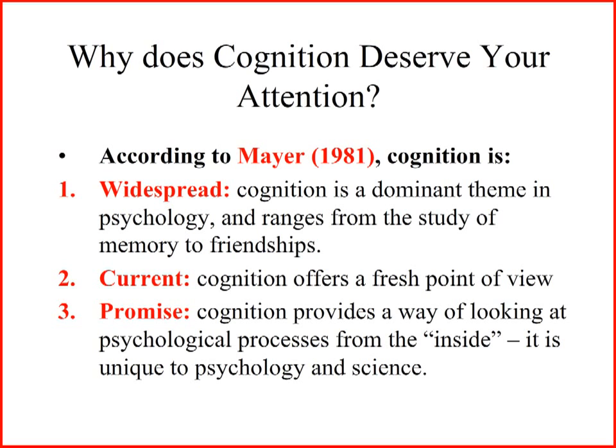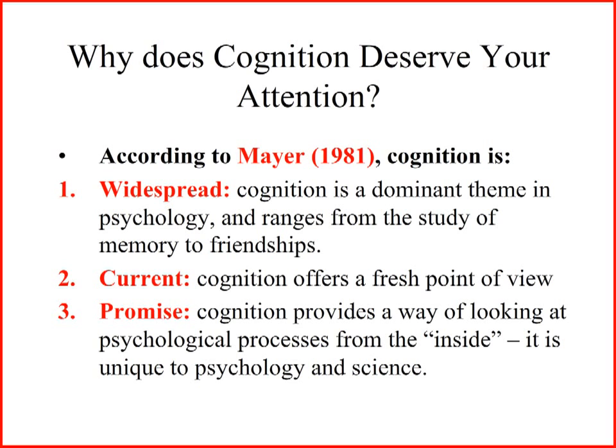It was in 1981. It still is today. It is important for us in the whole range of topics, from memory to friendships. It's also current. Cognition offers a fresh point of view of looking at and understanding how the mind works. And it's full of promise.